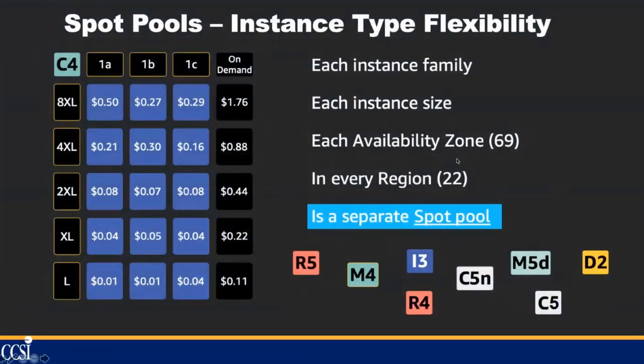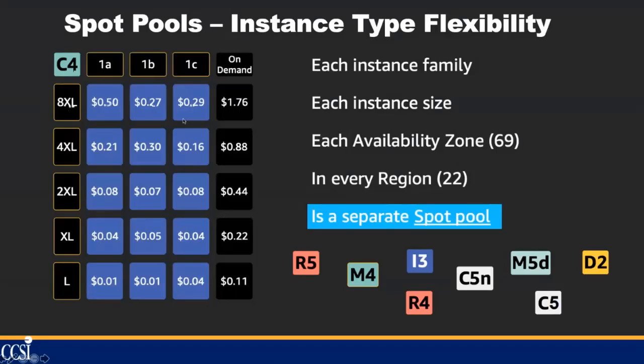So here's roughly how a Spot pool works. It gives you instance type flexibility. In the example on the left, we're using a C4 instance, and let's say we're in a region with 3 availability zones, 1A, 1B, and 1C. If I'm looking at an 8XL, which is a humongous machine, there's a pool for C4 8XL in 1A, a separate pool in 1B, and a separate pool in 1C.